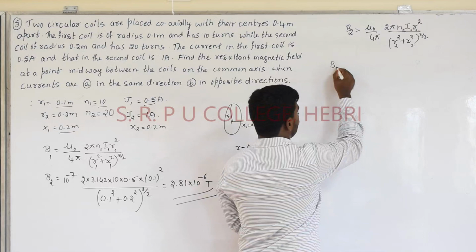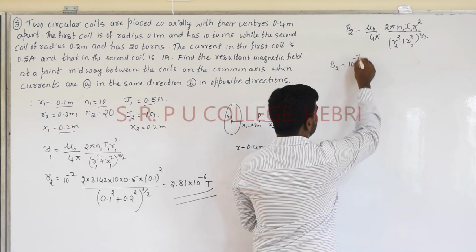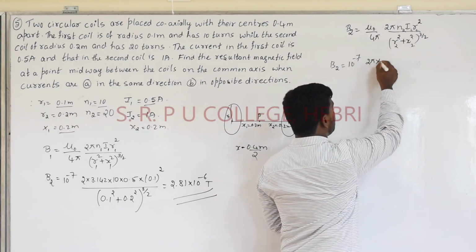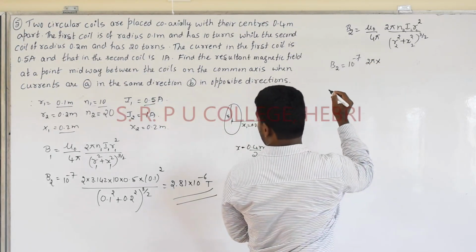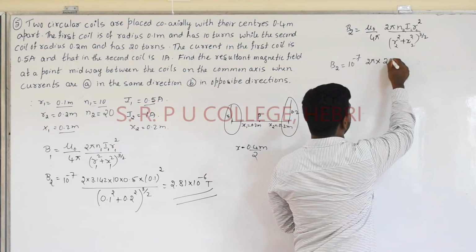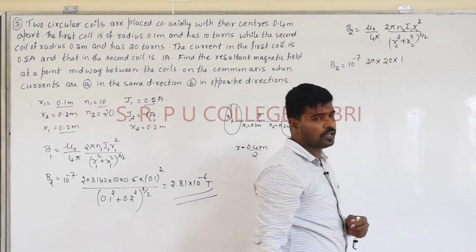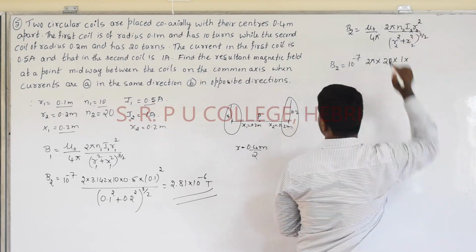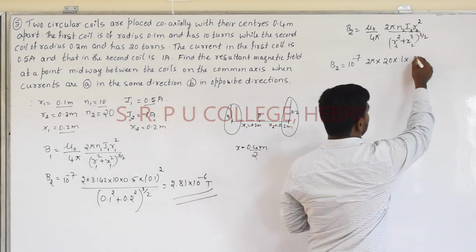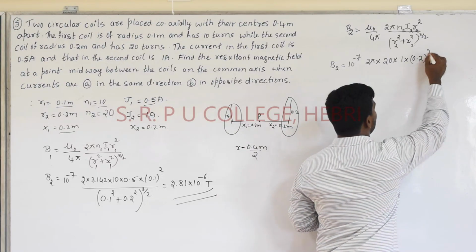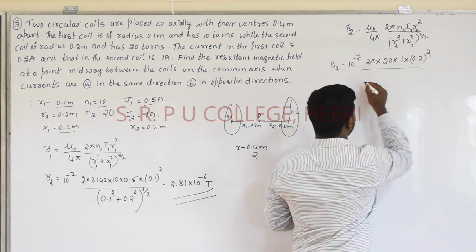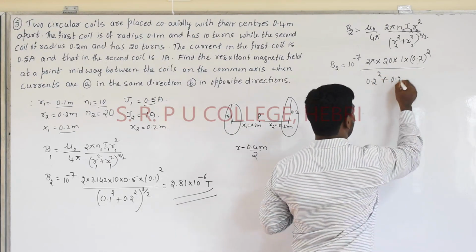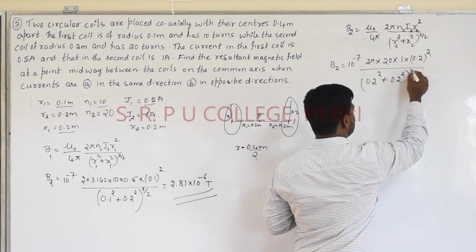Therefore B2 is equal to 10 raised to the power minus 7, mu naught divided by 4 pi, times 2 pi. The value of n2 is equal to 20, the value of I2 is equal to 1 ampere, and the value of R2 is 0.2 whole square, divided by 0.2 whole square plus x2 is also 0.2 whole square, whole to the power 3 by 2.